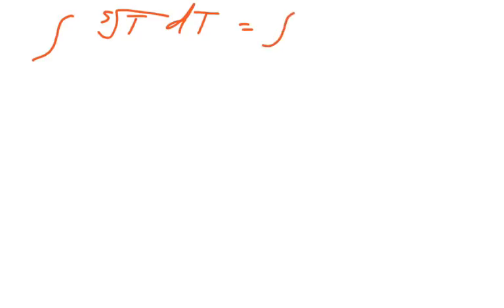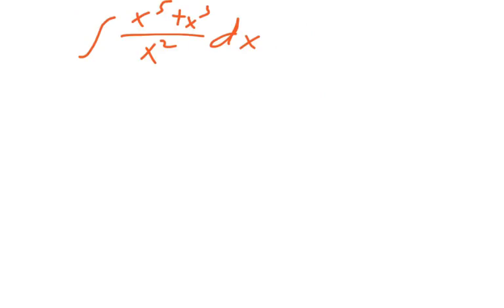For problem number 28, we're starting our antiderivatives. So this is the same thing as the antiderivative of t to the 1/5 dt. So when I add 1/5 plus 1, I get 6/5. The reciprocal in front, plus c.